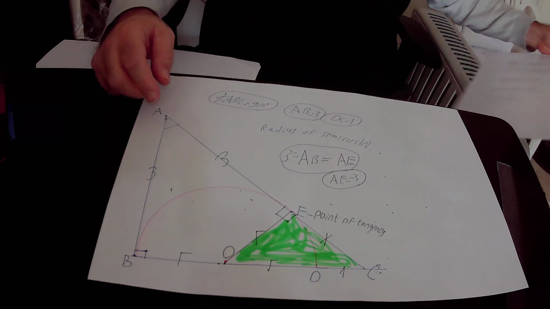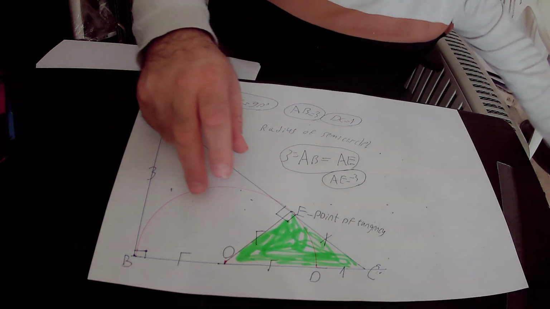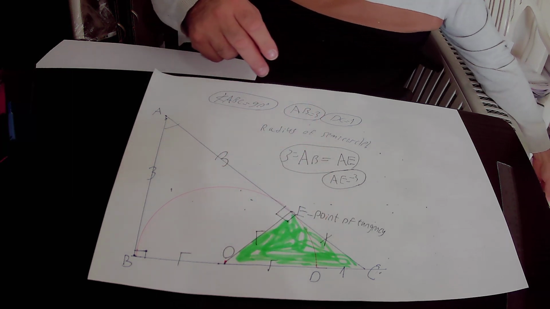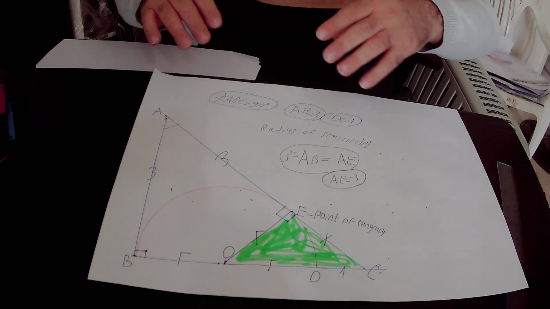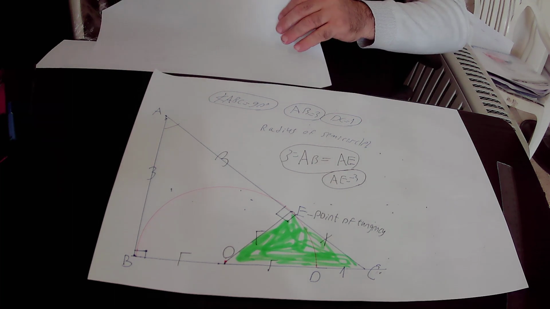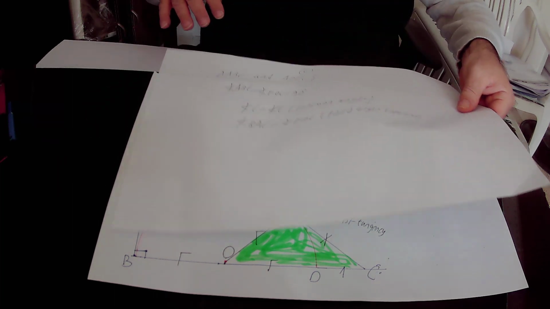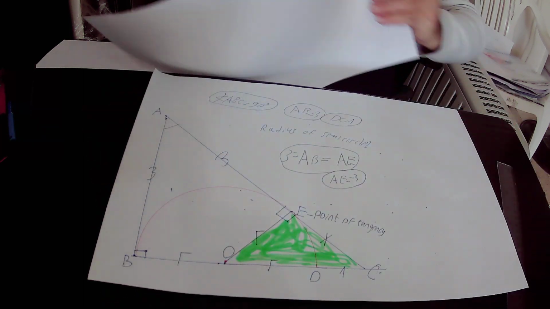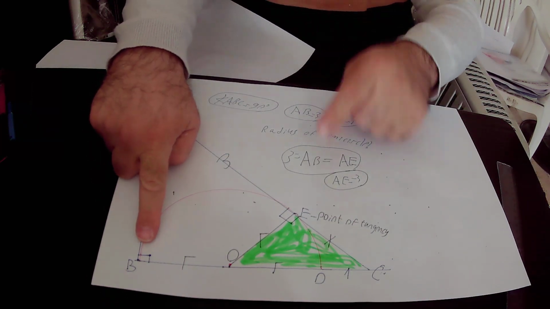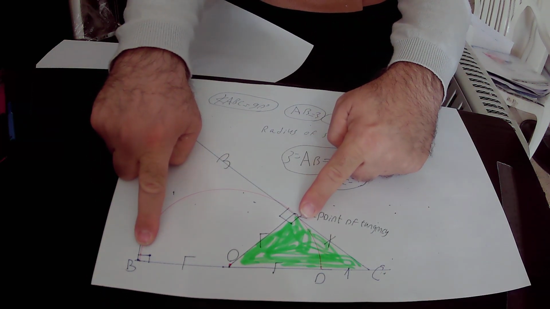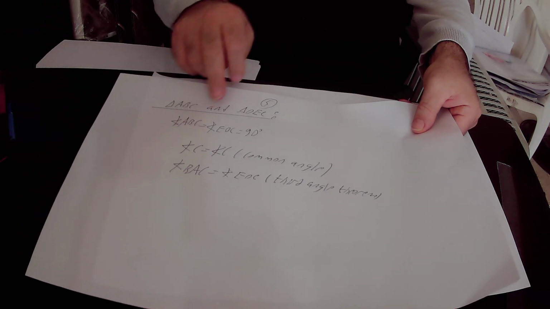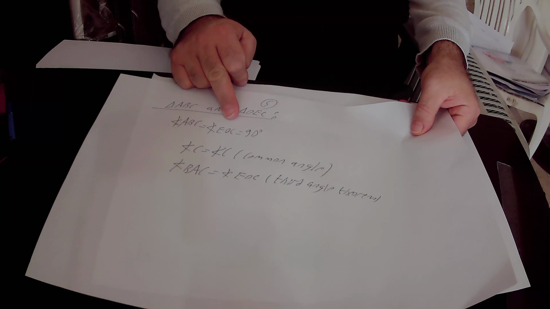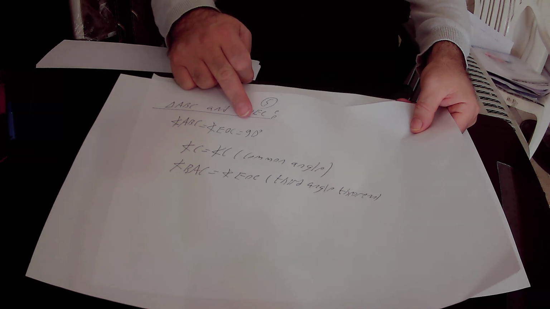Then we focused on the right triangle ABC and the green small right triangle OEC, and we proved that those two triangles are similar to each other. First of all, we know that angle ABC is equal to angle OEC. They are both right angles, therefore they are equal to each other, 90 degrees.